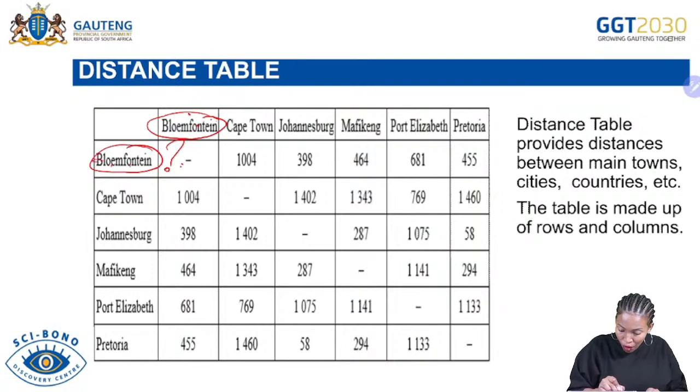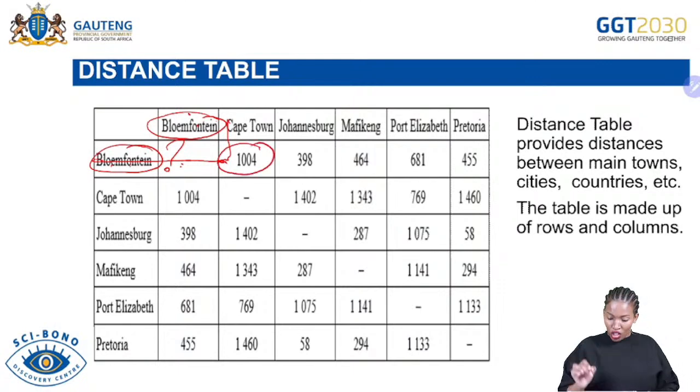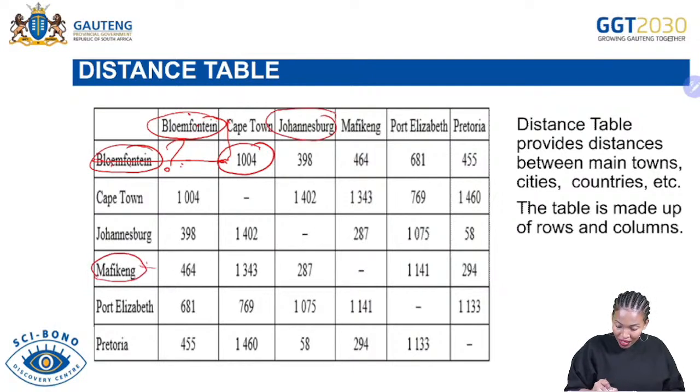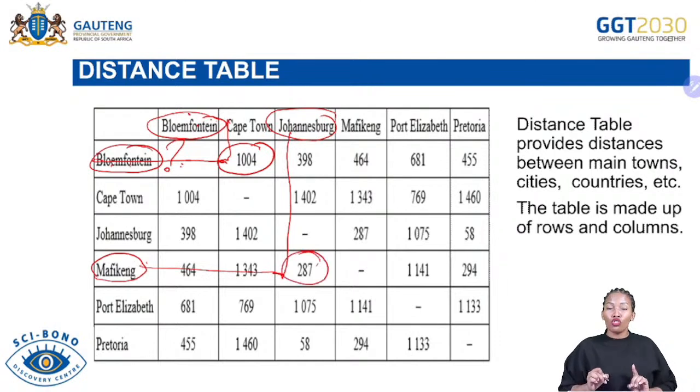But if you look at from Bloemfontein to Cape Town, what is the distance from Bloem to Cape? It is 1,004 kilometers. If I want the distance from Mafikeng to Johannesburg, this is where they meet. So the distance from Mafikeng to Johannesburg is 287 kilometers.